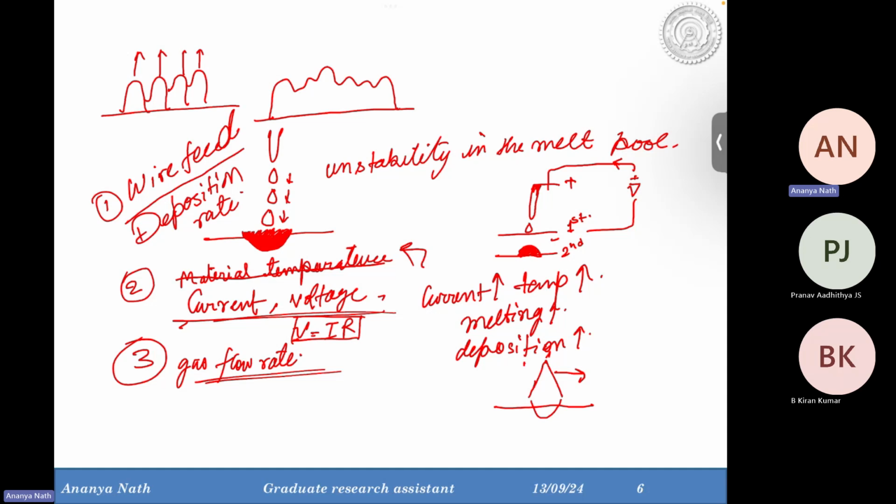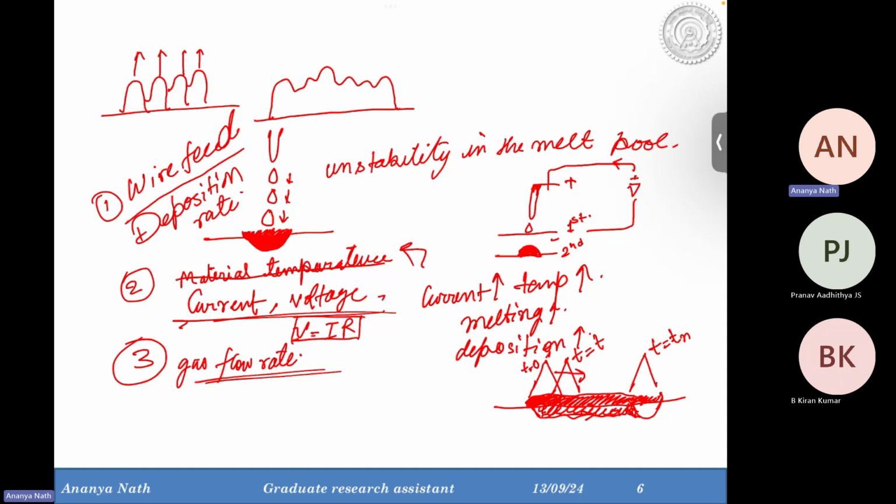This is at time equal to 0, this is the arc at time equal to t, and this is the arc at time equal to tn. The melt pool is also moving, and this is the deposited track, because the arc has moved from t equal to 0 to t equal to n, and this is the deposition bead which is getting formed.